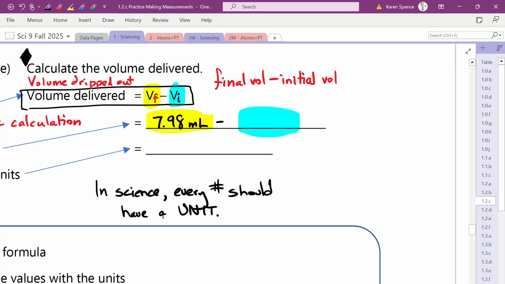Here, that's our initial volume. 1.98. What else do we need? Milliliters. And then I do the calculation, and I get 2 milliliters. Can you guess how many decimal places I should have?